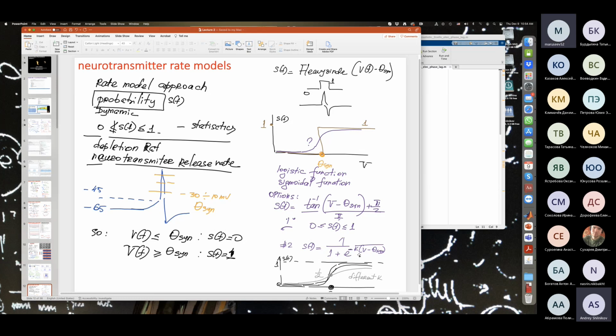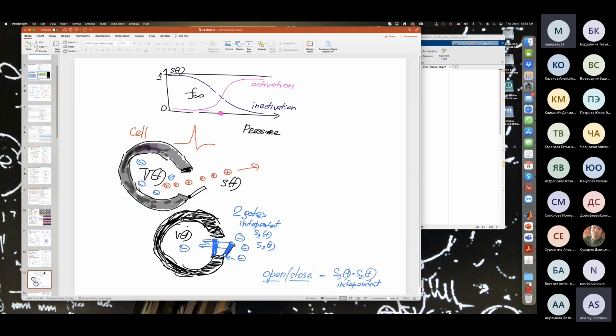The point is that as soon as the voltage is below a certain synaptic threshold, the probability is almost 0. Otherwise, it's going to be 1. And you can control the shape of this graph. You can make it very steep if you change this number and make it, say, 100, or you can make it smooth. So there's always some kind of neurotransmitter release in the background, and then it reaches some kind of maximum at higher voltage values. Okay, so that's where we are.